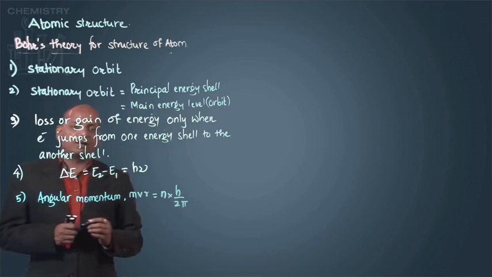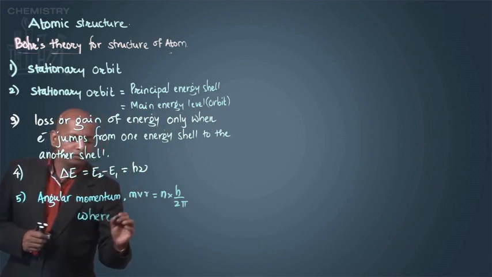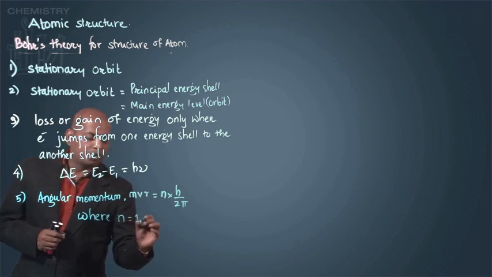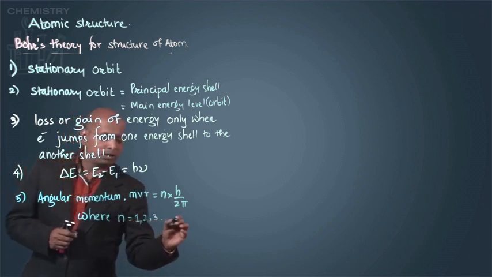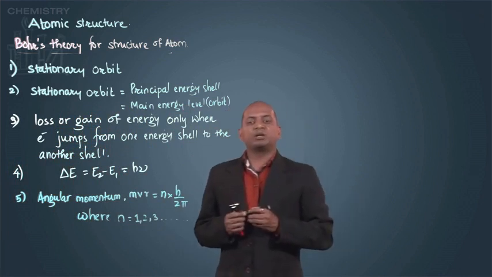Now, what are the values of n? The values of n are 1, 2, 3 and so on, where n represents the number of the shell.